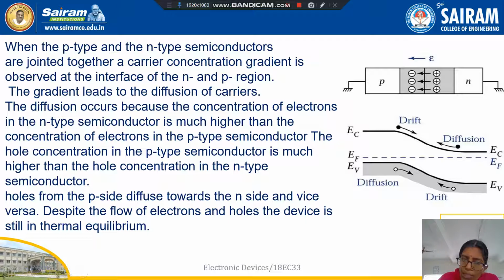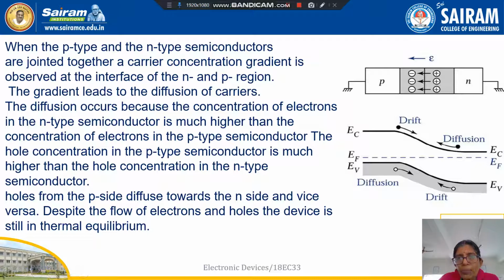Now, even though there is a diffusion current, when my P and N junction is formed with zero bias, my Fermi level will be constant throughout the device, and hence the device is said to be in thermal equilibrium. So how does this thermal equilibrium happen?